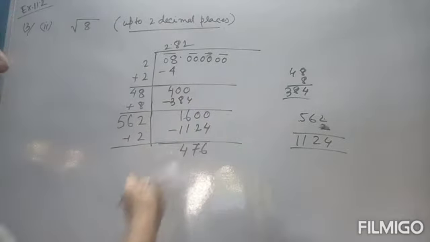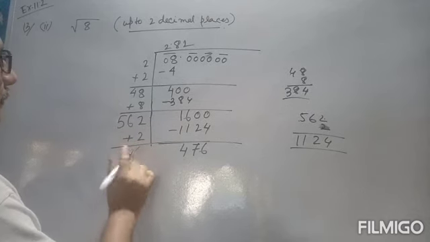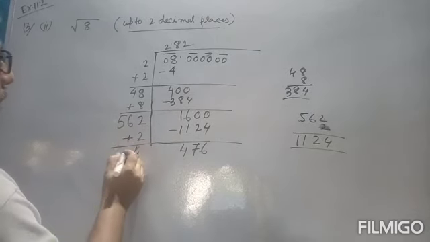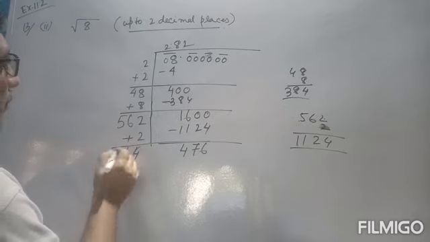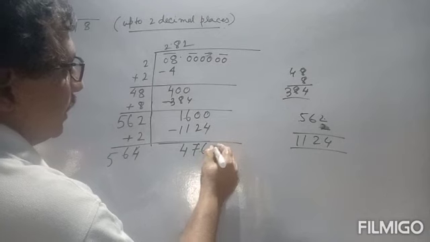Just subtract this, we get this. And if we add, this is 564, and take 2 0s again.